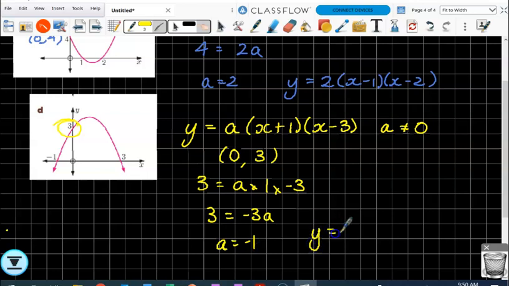Yay, us. Double check the question. If it says put it in expanded form, expand. If it doesn't, don't do extra work. As much as I know you all want to do extra work.